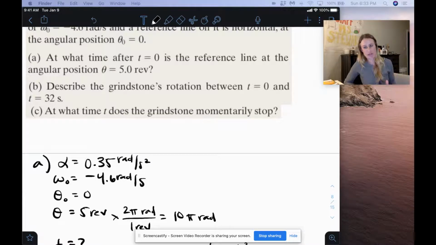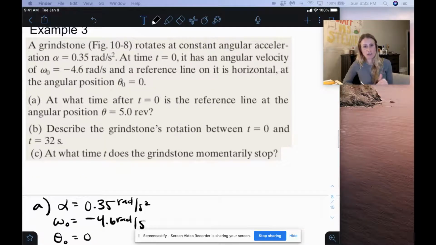The initial angular velocity is negative, so originally the grindstone is going in the negative direction, which is clockwise, but our acceleration is counterclockwise because it's positive. So at time t equals 0, the grindstone is going clockwise, but slowing down.